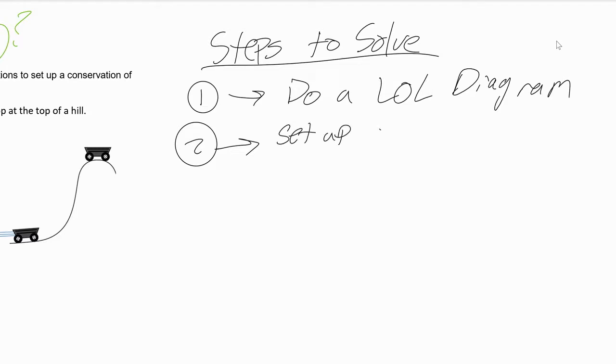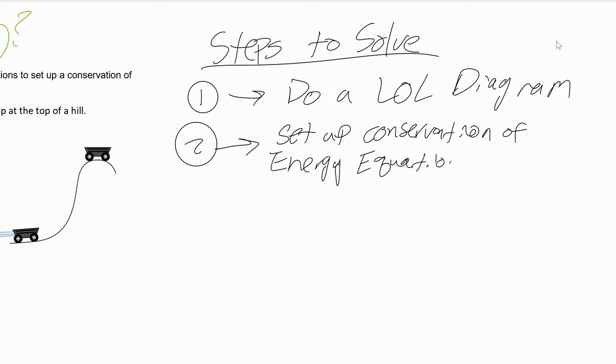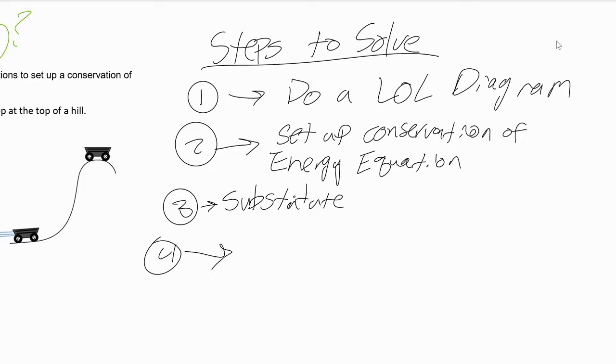And specifically, we're going to set up the conservation of energy equation. And then the third thing we're going to do, we're going to substitute in. This part will be familiar. And then the fourth thing, solve.